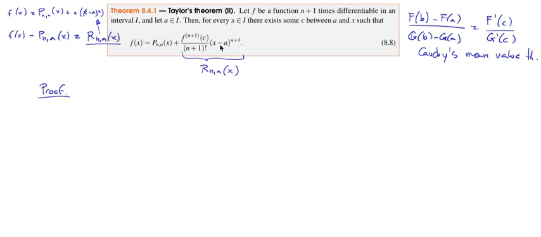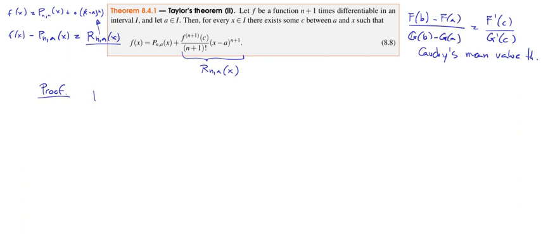Because that way we can get an expression for this coefficient. So the idea is how we can define F and G so that this fraction is f minus p divided by (x minus a) to the n plus 1, and then in the right hand side we're going to have this expression, right?